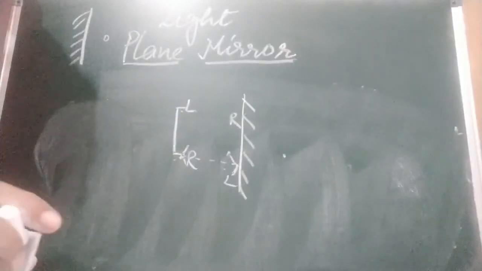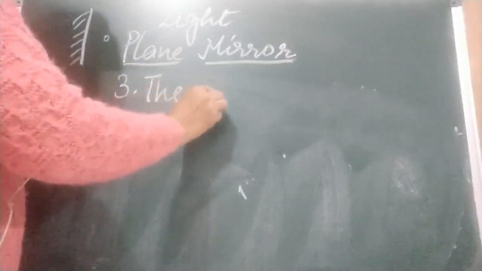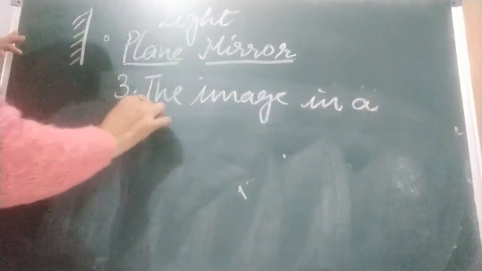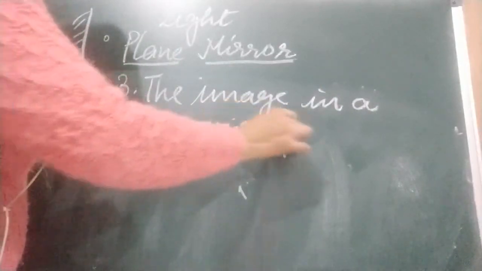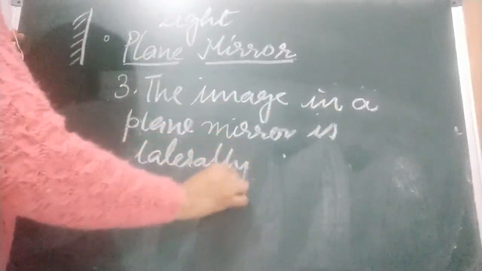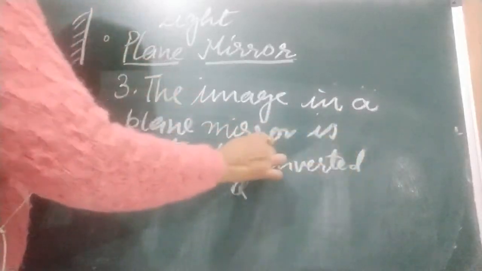So the third point is: the image in a plane mirror is laterally inverted. Laterally inverted.